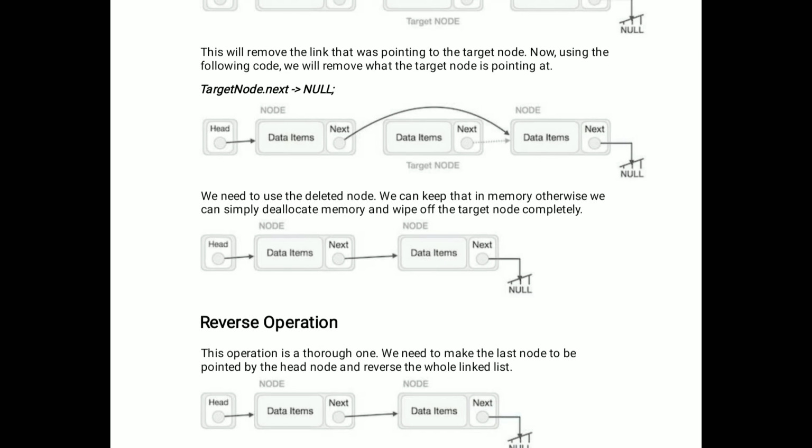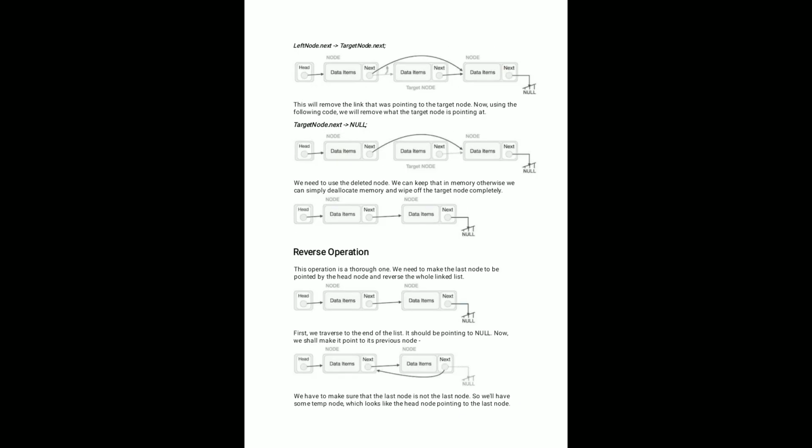After deletion of the C node, the remaining list contains only the head node, A node, and B node.